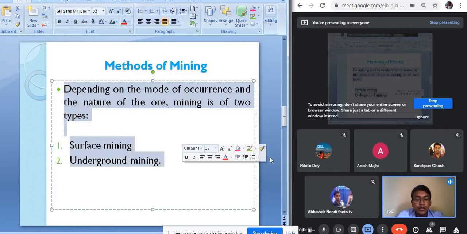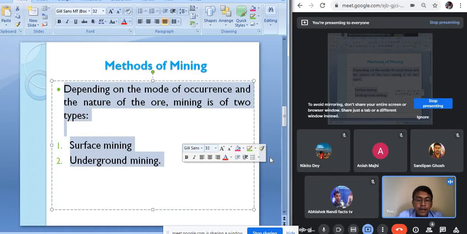Depending upon the mode of occurrence, where the minerals are found: if it is found near the surface, then the extraction of the minerals will be quite easier. So that kind of mining is known as surface mining. But if minerals are available deep inside the earth's crust, that is known as underground mining.